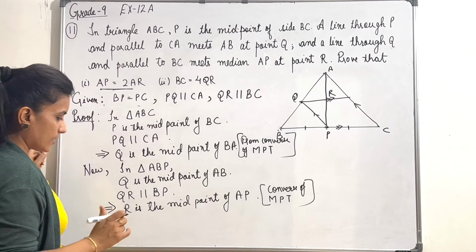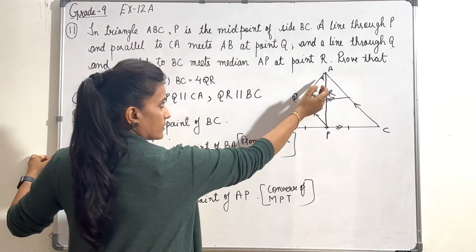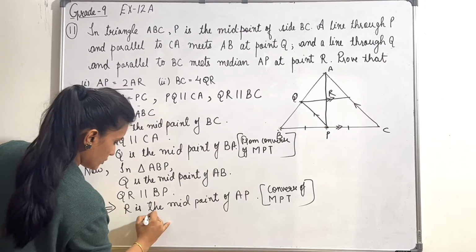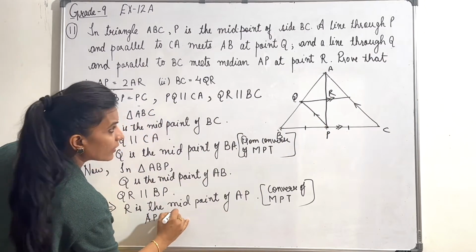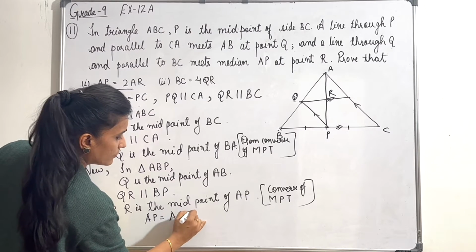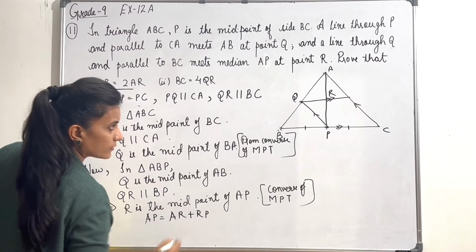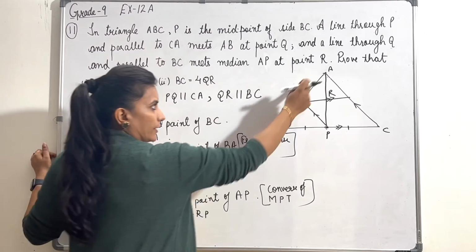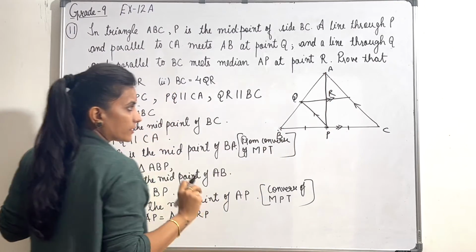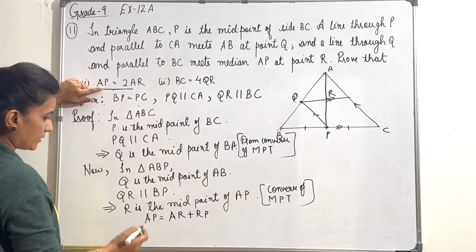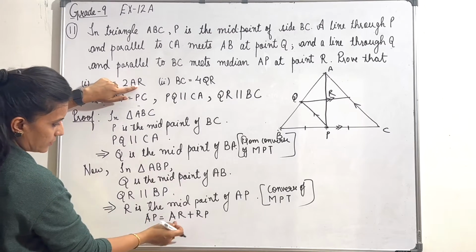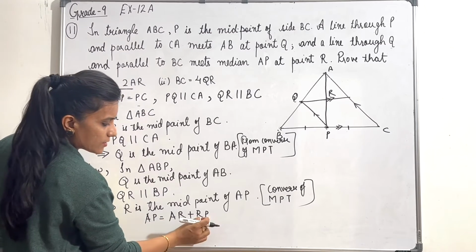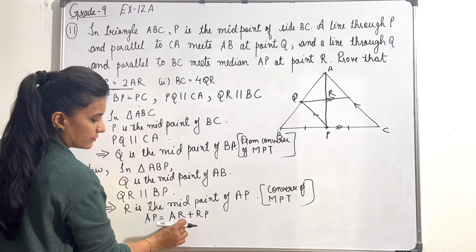How to show this? So what you can do is write AP is equal to AR plus RP, correct? Now we have shown that AR is equal to RP, correct? So here I need AP and AR. So I will replace RP with AR, okay?